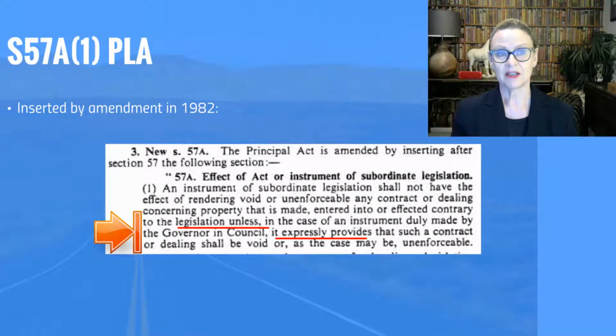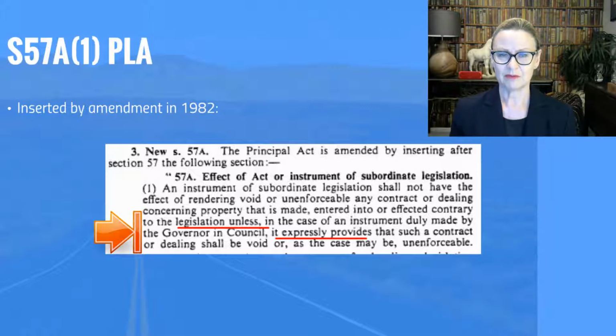Looking firstly at section 57A1 of the PLA, this little provision was inserted in 1982, and I thought you might like to see it in all its original glory. It was enacted to address the perceived problem of subordinate legislation being found to have impliedly rendered contracts void or unenforceable.